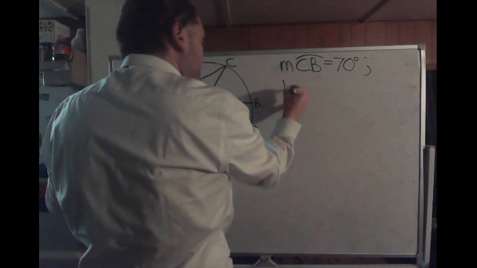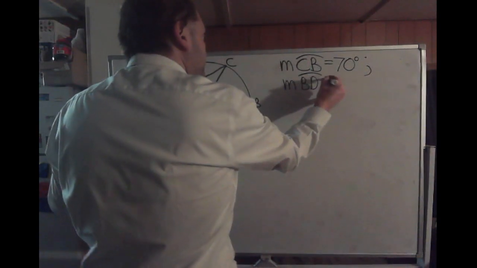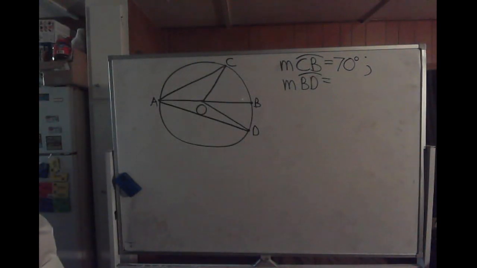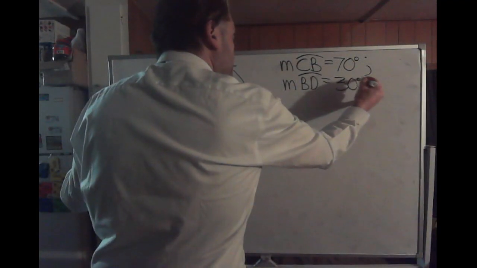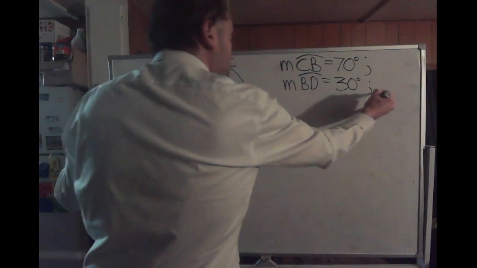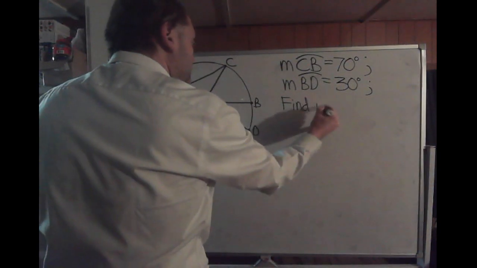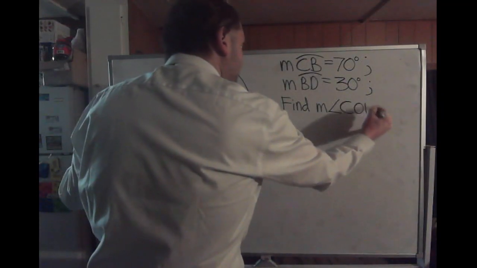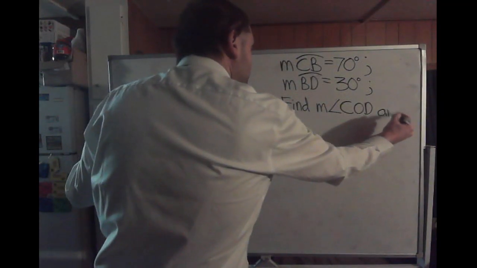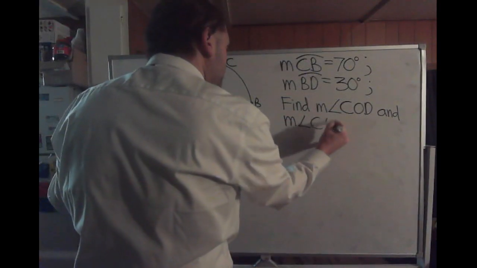You're also given that the measure of minor arc BD equals 30 degrees. Find the measure of angle COD and the measure of angle CAD.